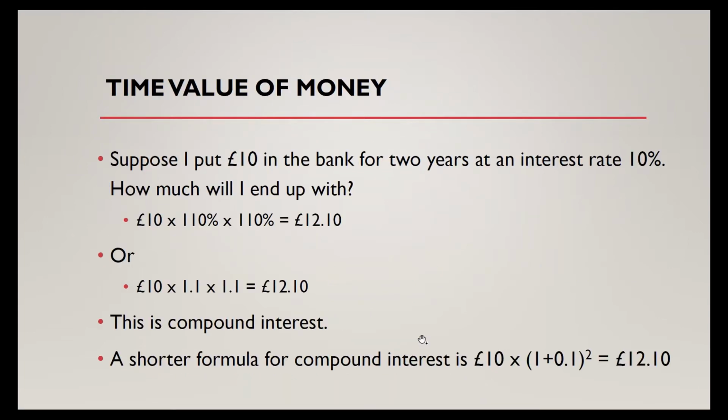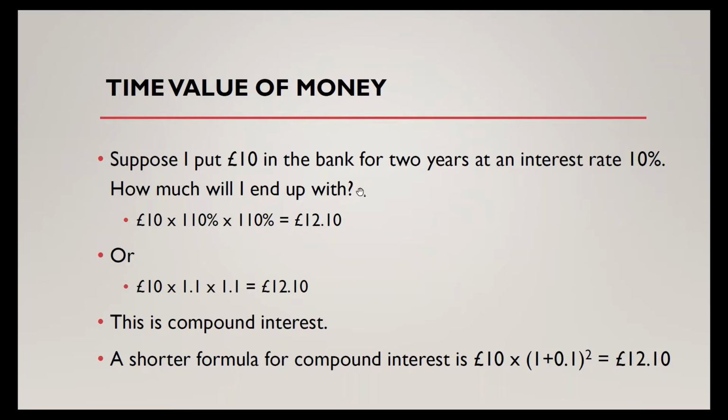In order to calculate the NPV, it is very important to understand the time value of money. First simple question: if I put £10 in the bank for 2 years, and assuming every year I have a 10% interest rate, how much will I have after 2 years?